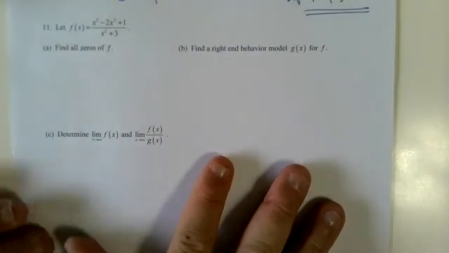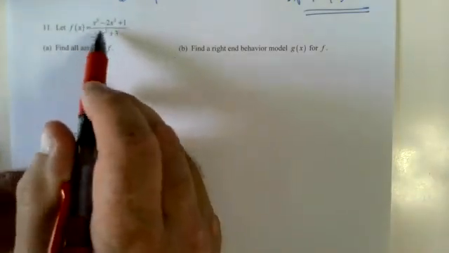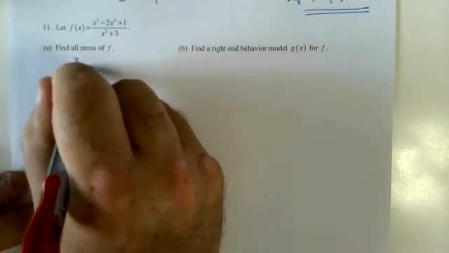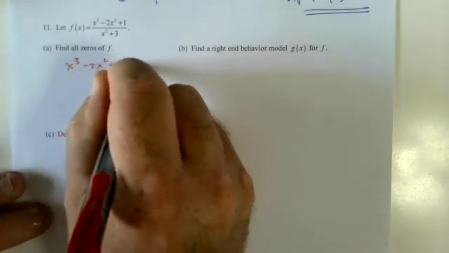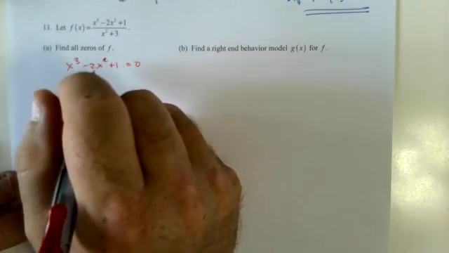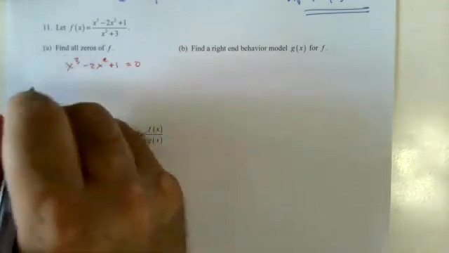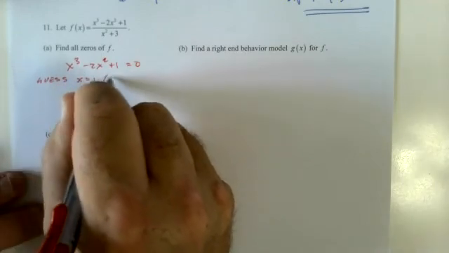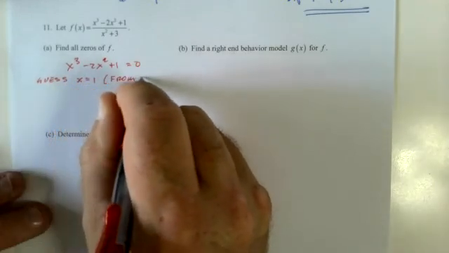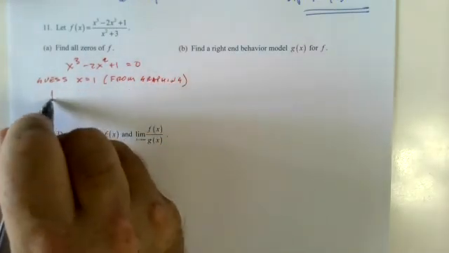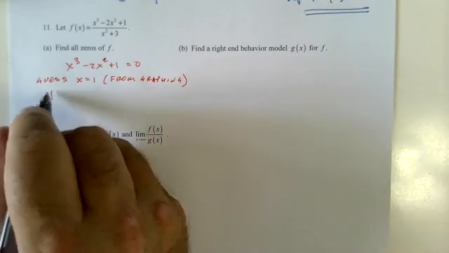All right, find all the zeros of f. Now, I love this. How do I find the zero? I could graph and pray, but you know what? I want to know when x cubed minus 2x squared plus 1 equals 0. I think I could probably guess that it's 1 from graphing. So reach into the toolbox and do this fun little thing.